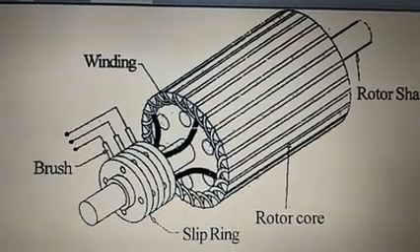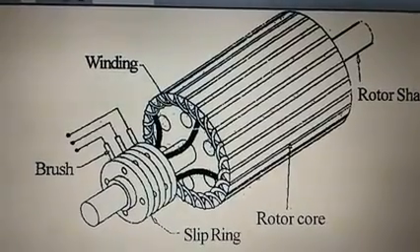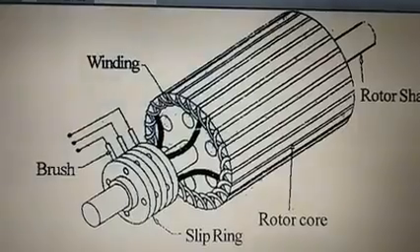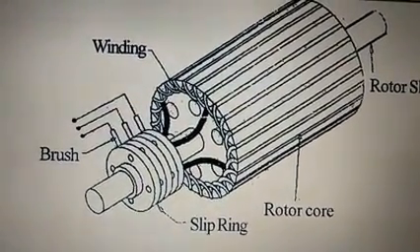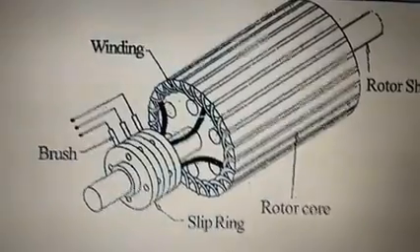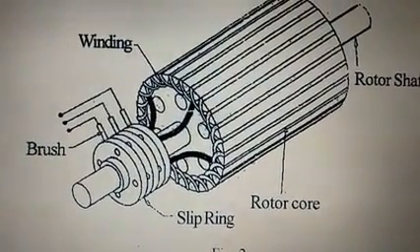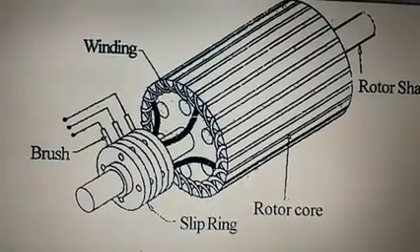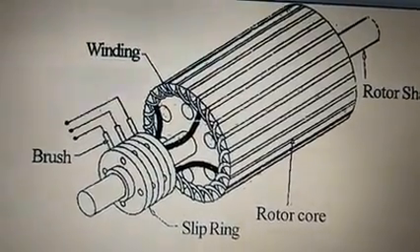The terminals of the rotor windings of slip ring motors are brought out through slip rings, which are in contact with stationary brushes, as you can see here. There are stationary brushes connected to the slip rings.